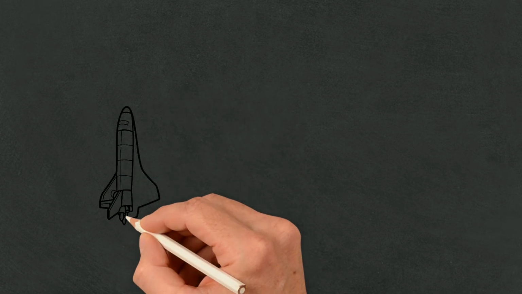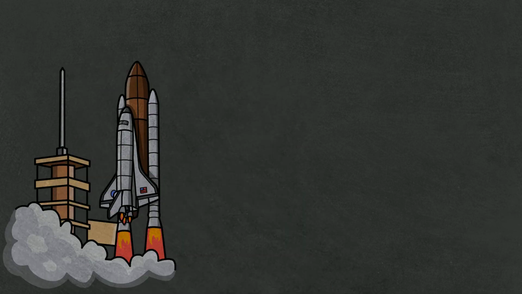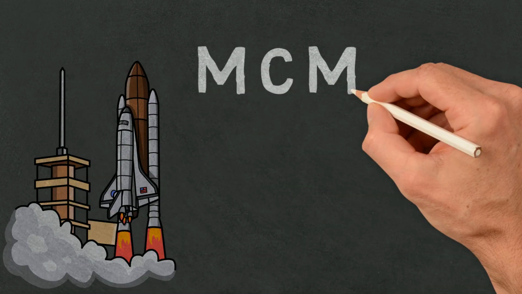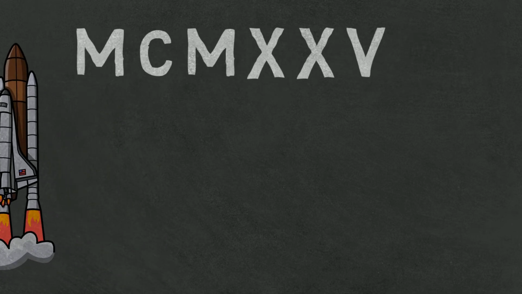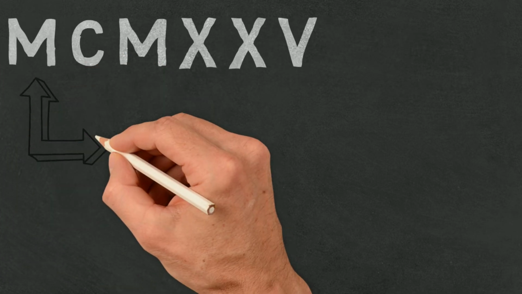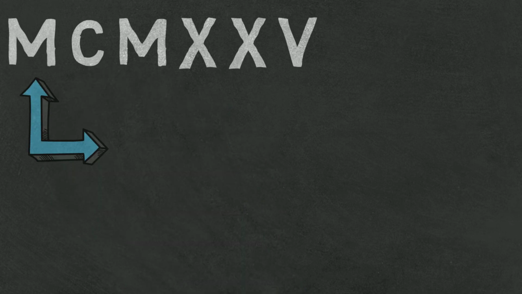Next, we are going to learn how to read and write larger Roman numerals, using these 3 rules we've just learnt. Let us look at an example now. Let's say that we have a number with the symbol MCMXXV. As the first step, we will write this number by breaking it into thousands, hundreds, tens, and ones, as done on the whiteboard now.